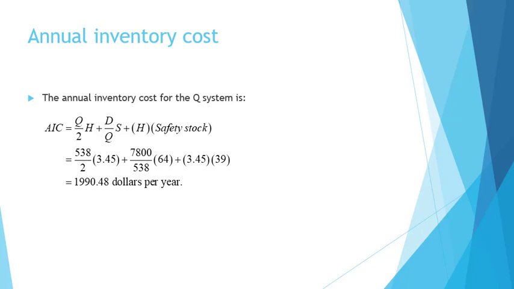So 538 divided by 2 times 3.45 plus 7,800 divided by 538 times 64 and plus 3.45 times 39, which is the safety stock.